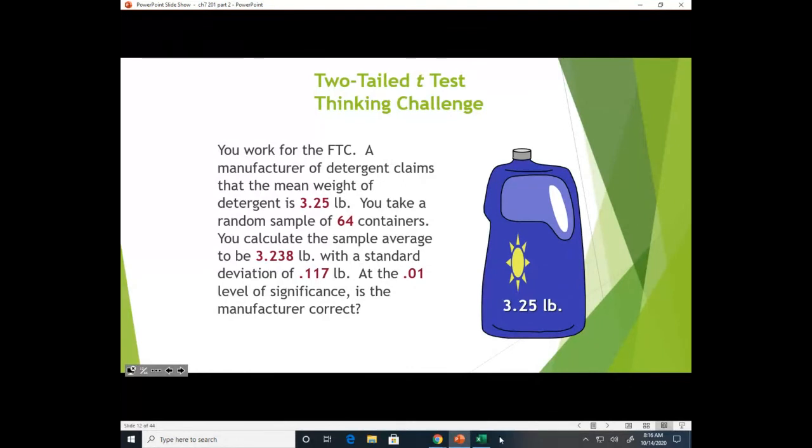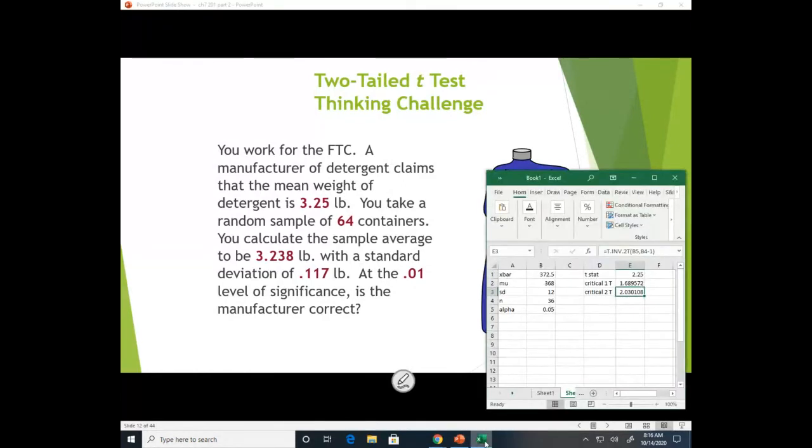So we can use the same spreadsheet we just used, right? Our x bar sample average was 3.238. Our mu was 3.25. Standard deviation is 0.117. Sample size 64.